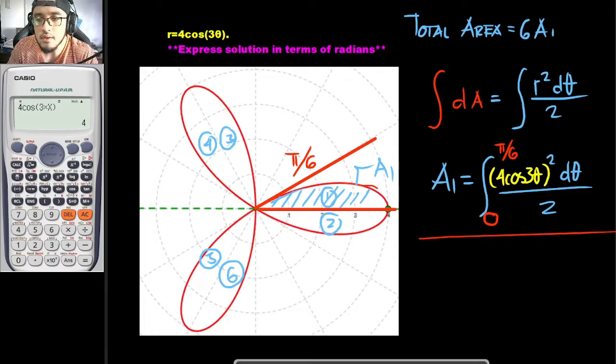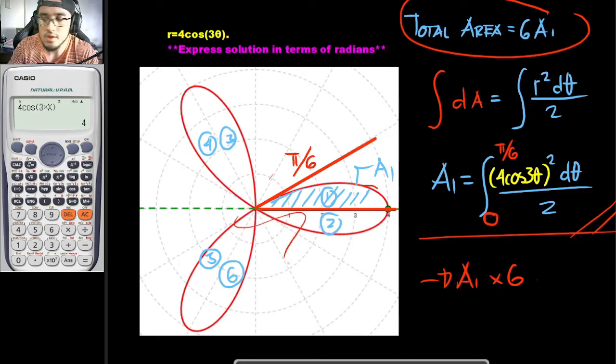So solving for this one right here would give you an answer of A1. Then just multiply it by 6 to get the total area of this function right here.